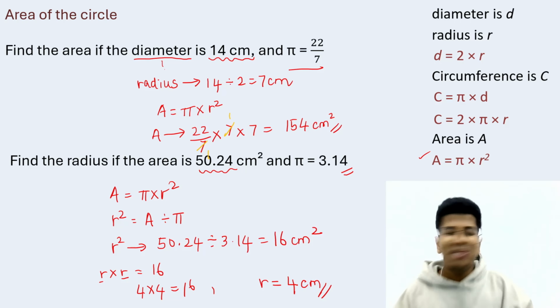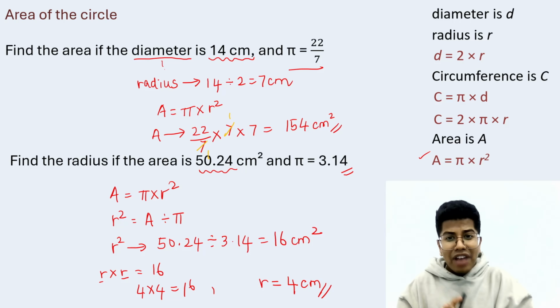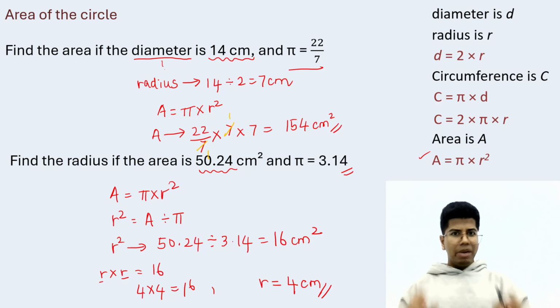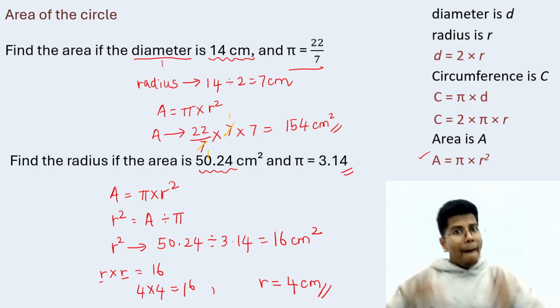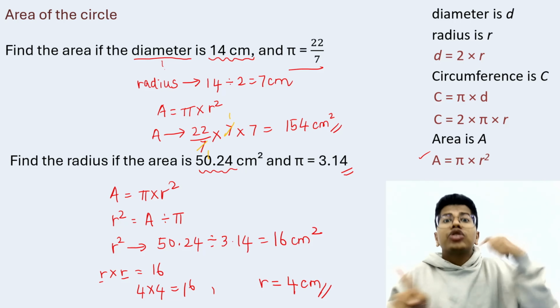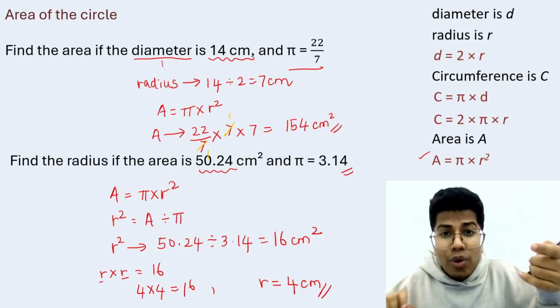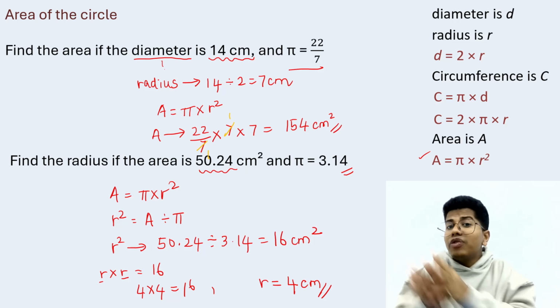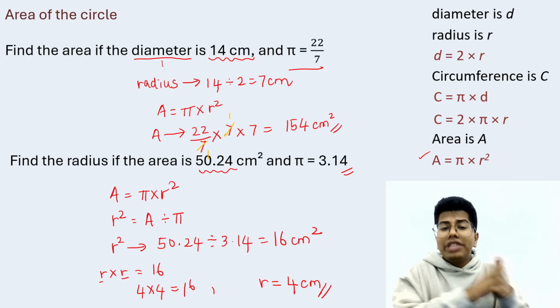So, what I can observe from this question, if radius is given, we can find out area, which is very simple, directly substitute to get area. But if area is given, we can find out r square. Now, from r square, how to calculate r? We just need to find the product of two same numbers.